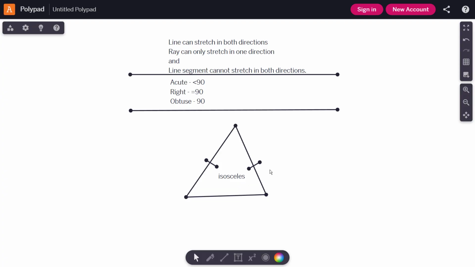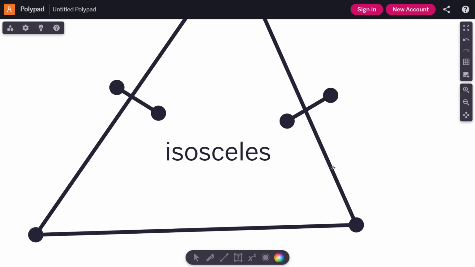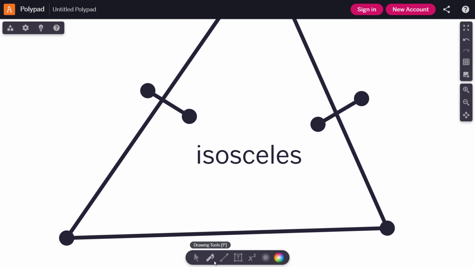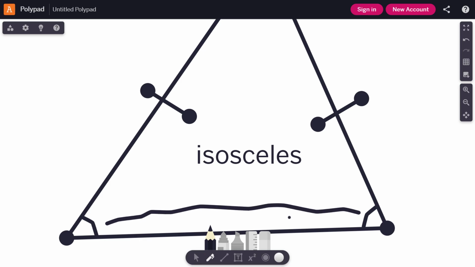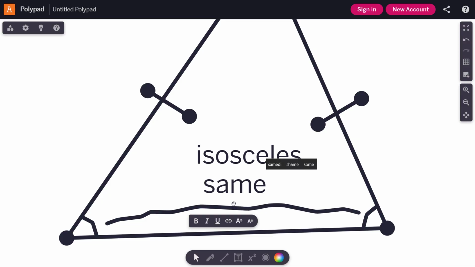Now we're gonna tell a fun fact about isosceles triangles. This angle, opposite one of the equal sides, and this angle, opposite the other equal side, those 2 angles are the same.